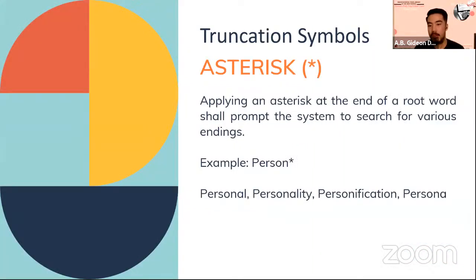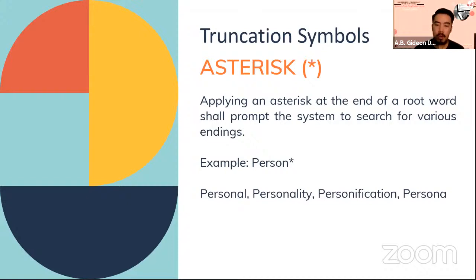Next off, we have the truncation symbol. Again, these symbols vary from one search engine to another, but the most common for truncation is the asterisk. What this does is that the search engine would provide terms or entries with words stemming from our root word.